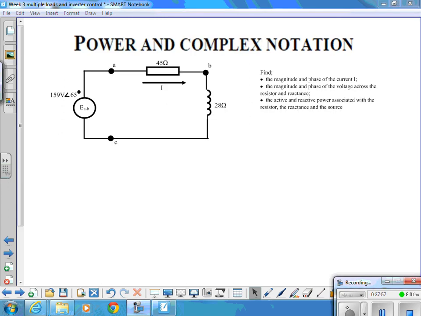Have a think. What's the common denominator of both components? What's the common thing to them? Both in ohms. Both have the same current. It's a series circuit.